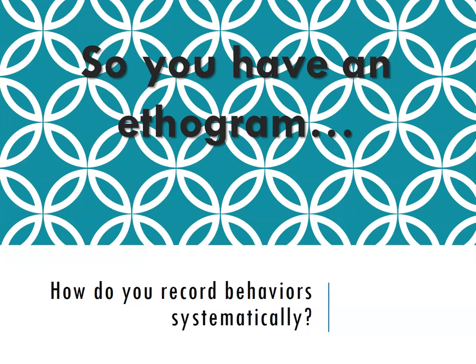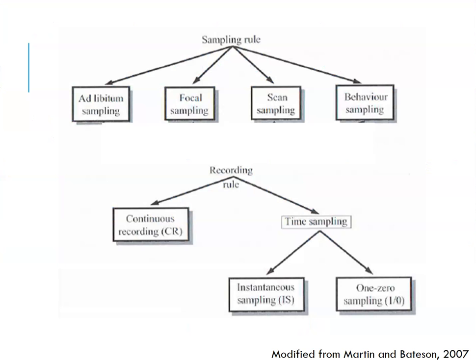We need to collect quantifiable behavior if we want to understand the relationships of our variables. And so we have to think about the best way to sample and to record those behaviors that we are interested in. There's a lot out in the literature about how we can do this.